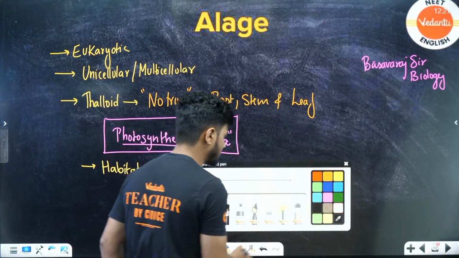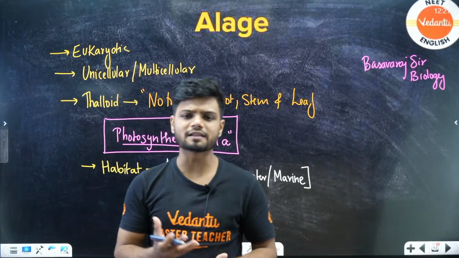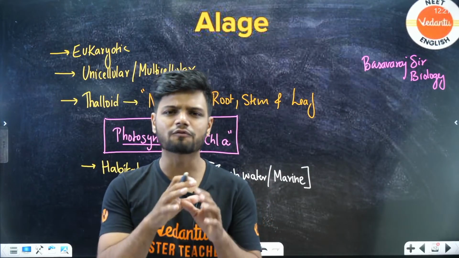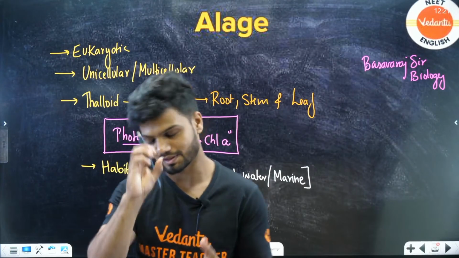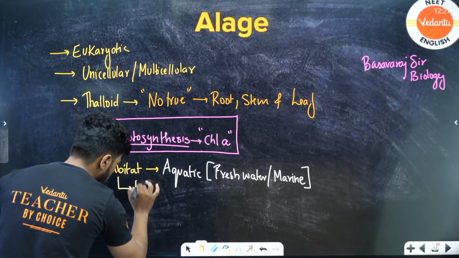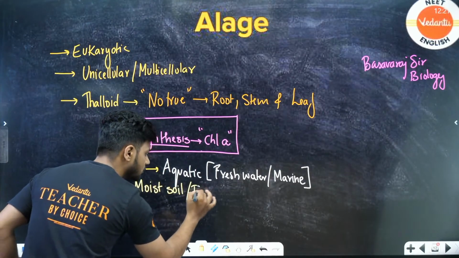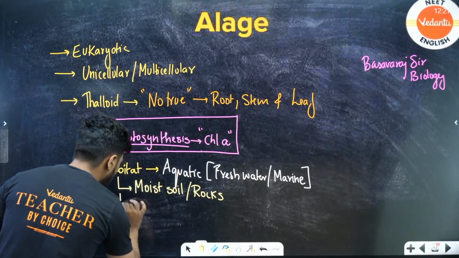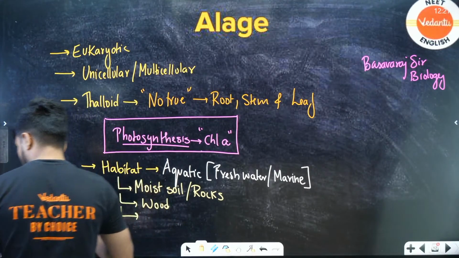That is your habitat. Now, apart from this, there are other places where we can find your algae. Can anyone remind me, apart from aquatic habitats, can we find them in certain moist soils? Yes. So algae can be found on moist soil or certain rocks, or on wood.